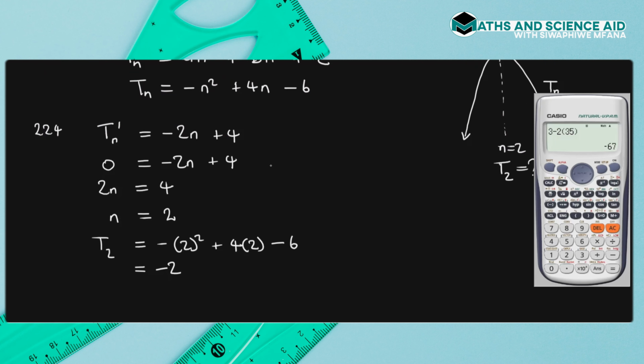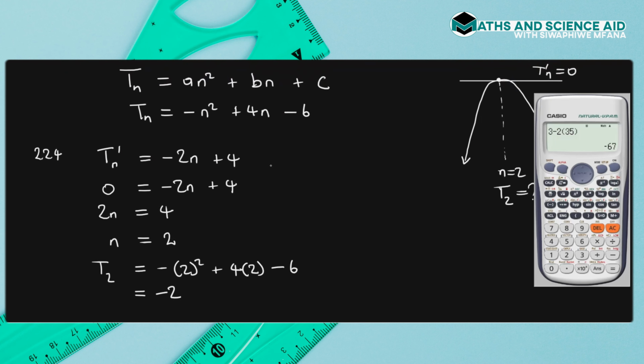But now, what does this mean with regards to our question? This means that the second term of this sequence is at the turning point of the graph, which is why for all the terms that come after the second term, their values are all negative because as you can see, the graph is concave down. So as you are increasing the values of n, you are moving towards the negative direction of the graph.